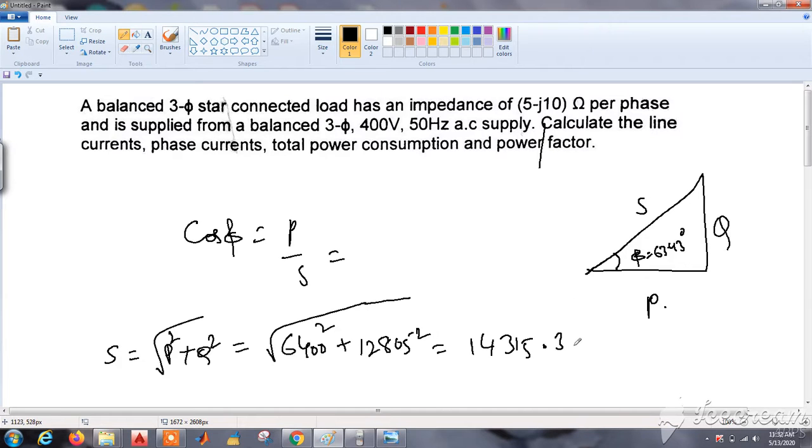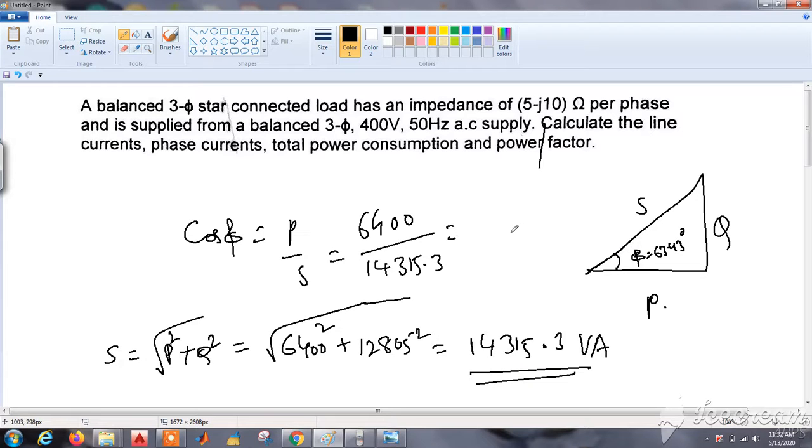So we are getting our apparent power as 14315.3, and the units will be VA, volt ampere. So now we can easily calculate our power factor, that is P by S. It is 6400 divided by 14315.3.